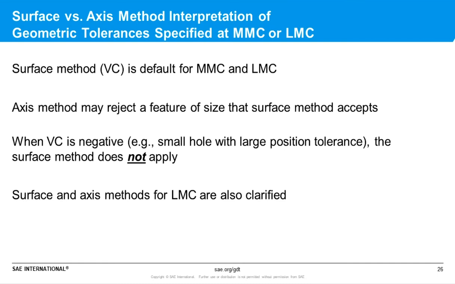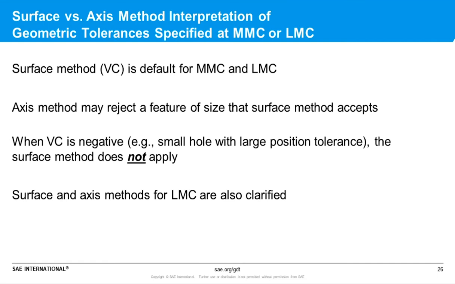And this standard makes further emphasis of that, and then also further clarifies that if you do the axis interpretation, in other words, have a tolerance zone that the axis of the unrelated actual mating envelope must fit within, if there's extreme variation in form or orientation, when verifying the location of a hole, for instance, it may not have its axis fit within its tolerance zone, but its surface may still clear that virtual condition boundary.